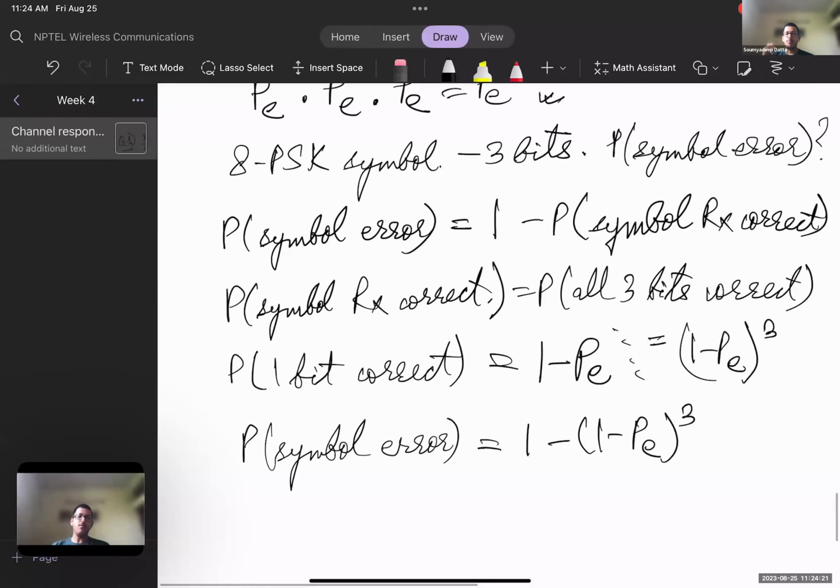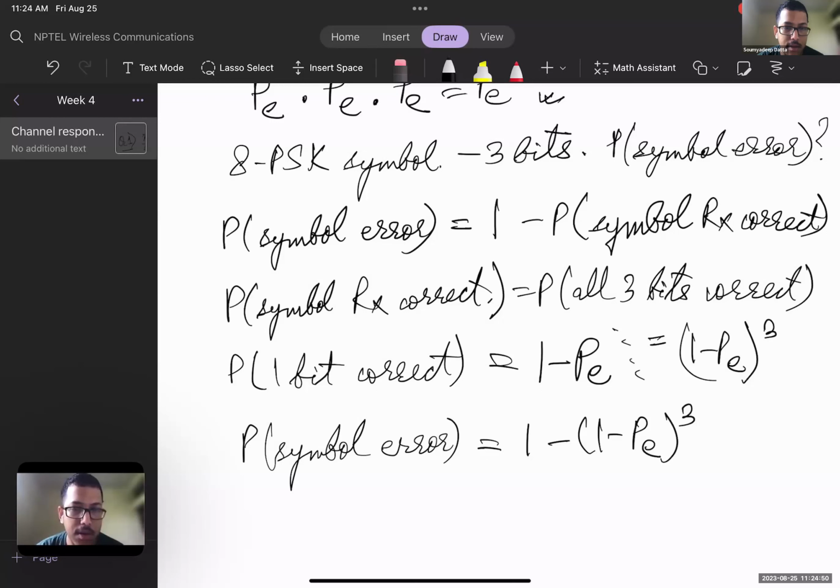So you have to become comfortable with this kind of probability and statistics calculations, probability manipulations and things like that, because this is the heart of this kind of topic.